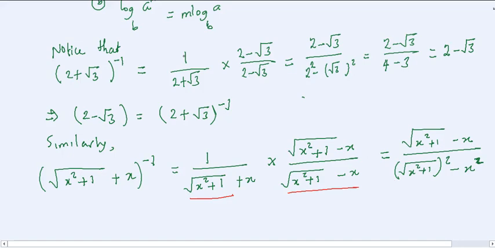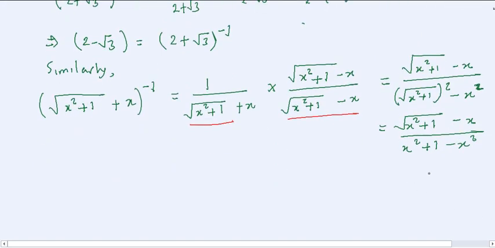So at the end of the day, this one will become square root of x squared plus 1 minus x over, the square will remove the square root, so I'll be having x squared plus 1 minus x squared, and the denominator will give me 1, so I'll be left with square root of x squared plus 1 minus x.